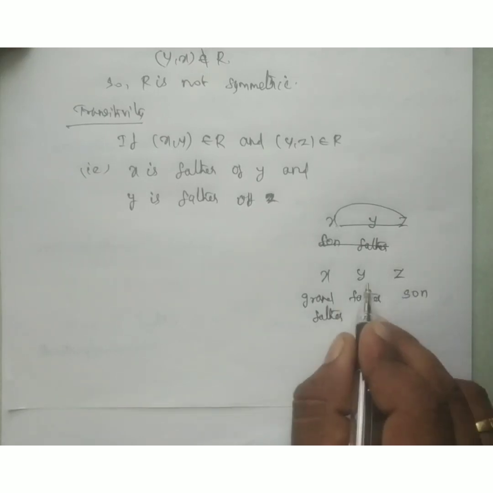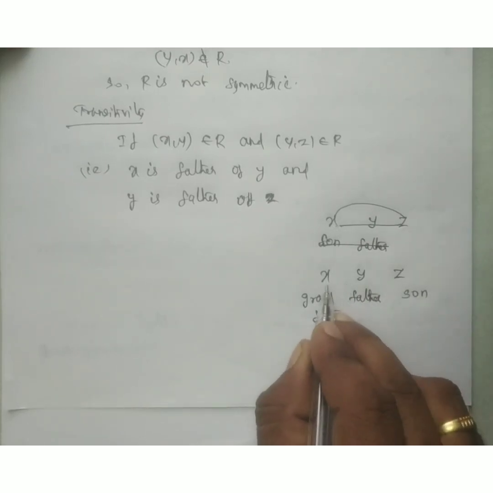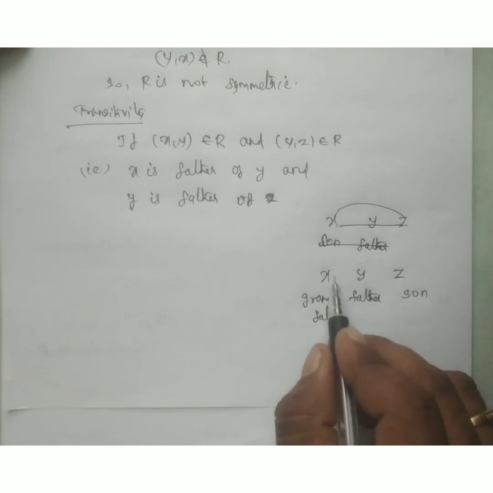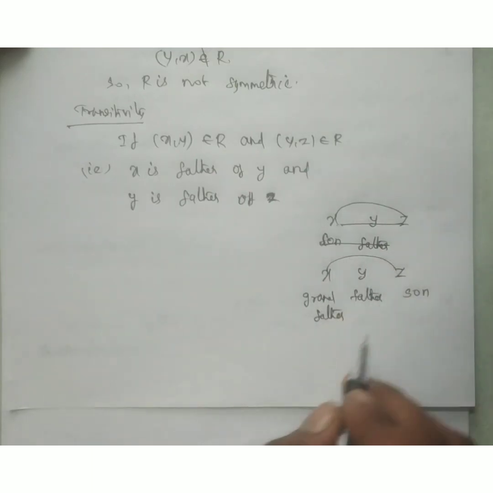See that Y is a father of Z, true. X is a father of Y, true. But what is the relation between X and Z?